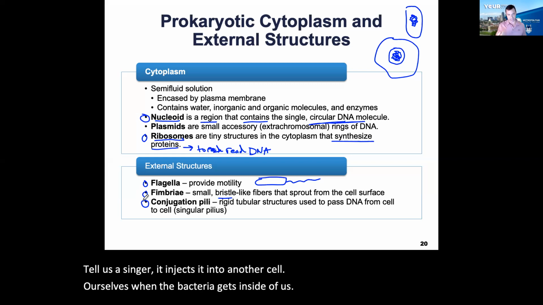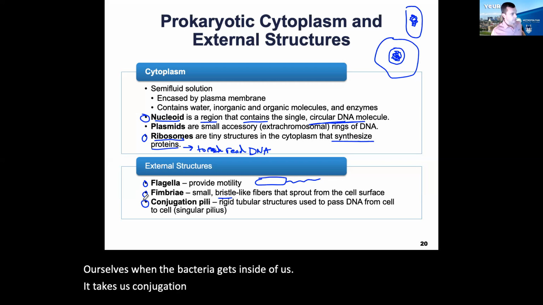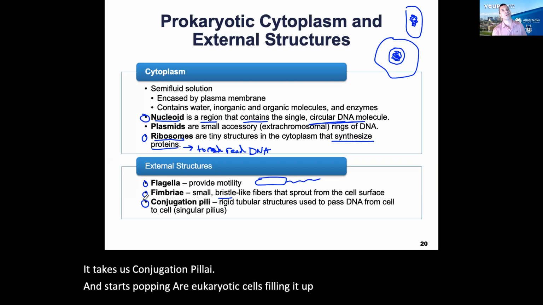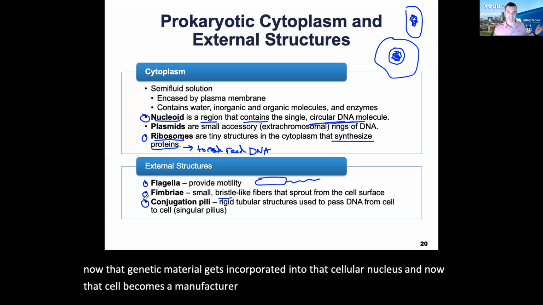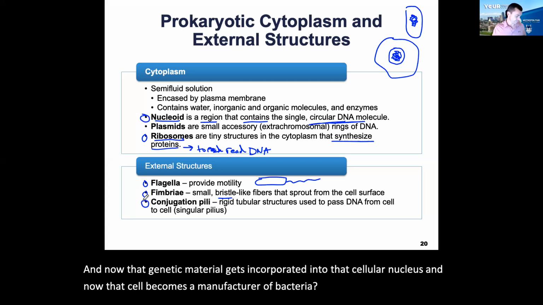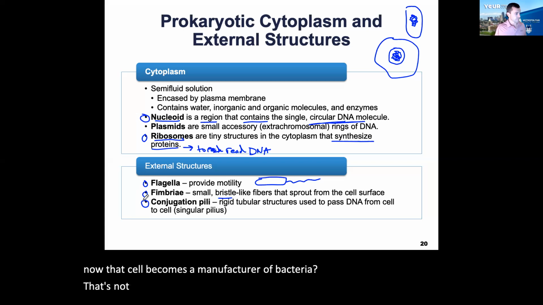It takes this conjugation pili and starts popping our eukaryotic cells, filling it up with their genetic material. And now that genetic material gets incorporated into that cellular nucleus. And now that cell becomes a manufacturer of bacteria. That's how bacteria thrive. Okay?